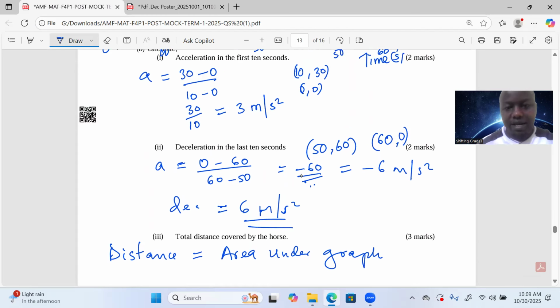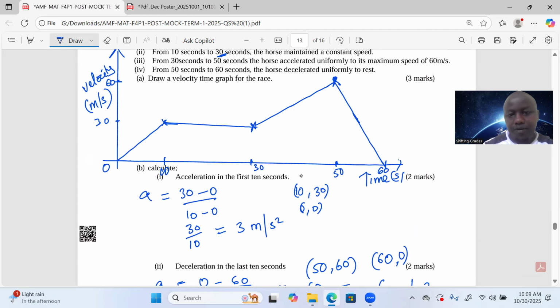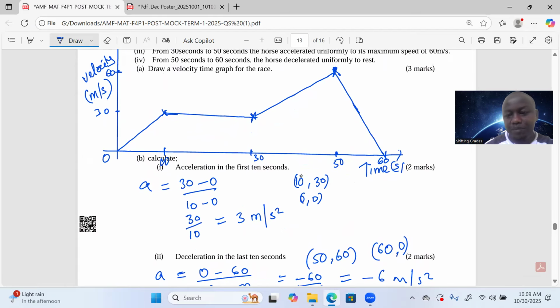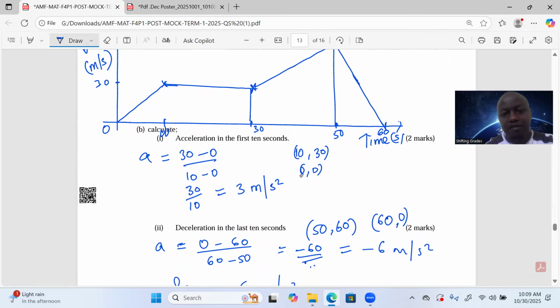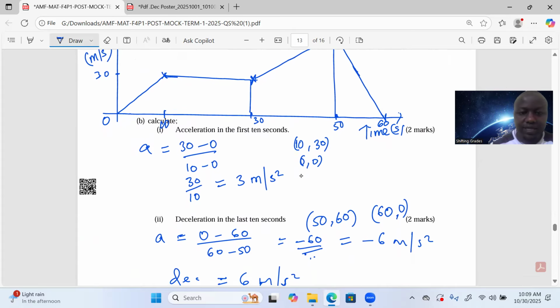So let's find the area under the graph now. We can divide it into different shapes, for instance, a trapezium, another trapezium, and the final triangle. So you can divide it into 3 portions like that.